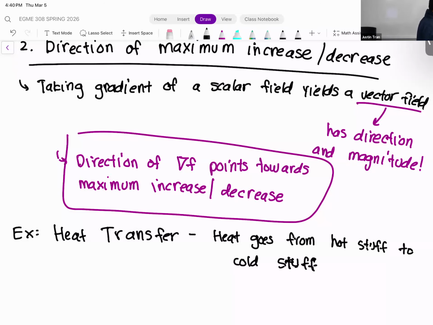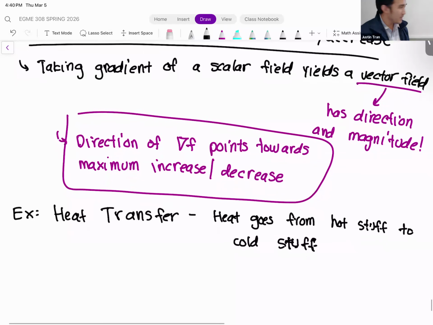That's the whole class. The whole class is all about just how heat goes from hot stuff to cold stuff, right? More specifically, it takes the fastest path from the hottest stuff to the cold stuff.